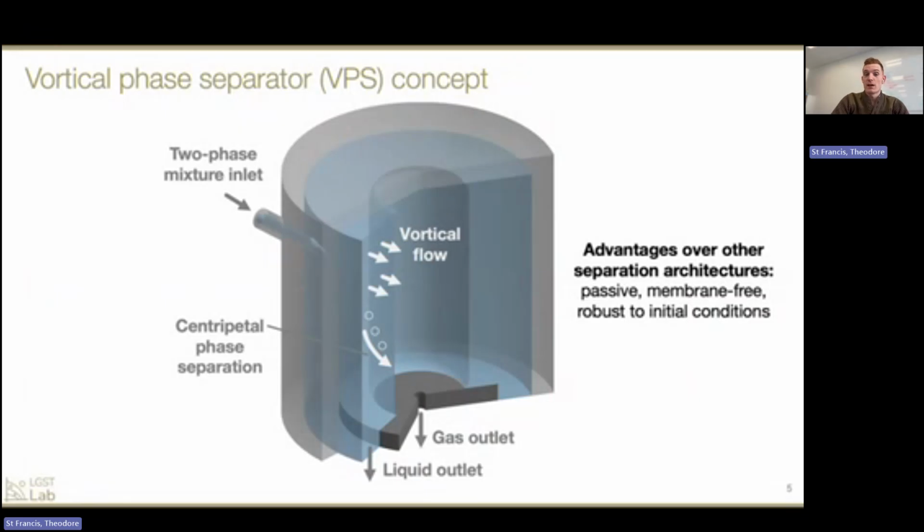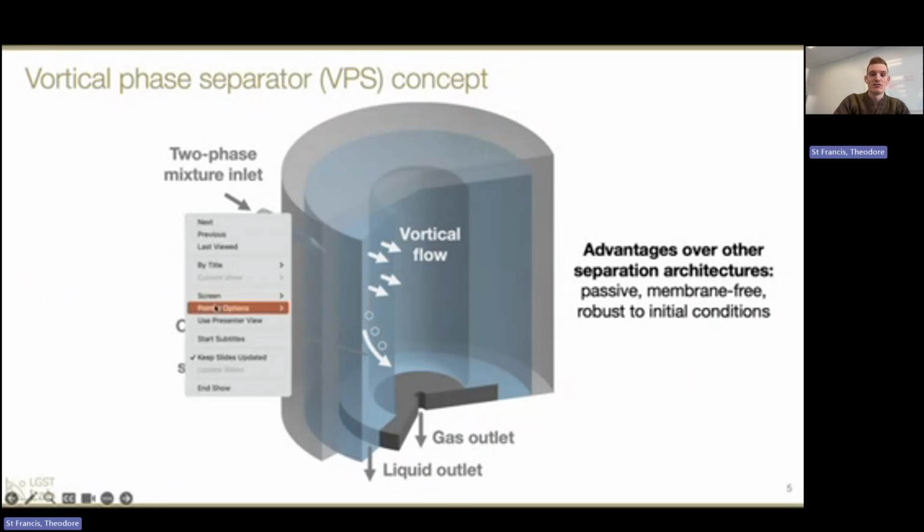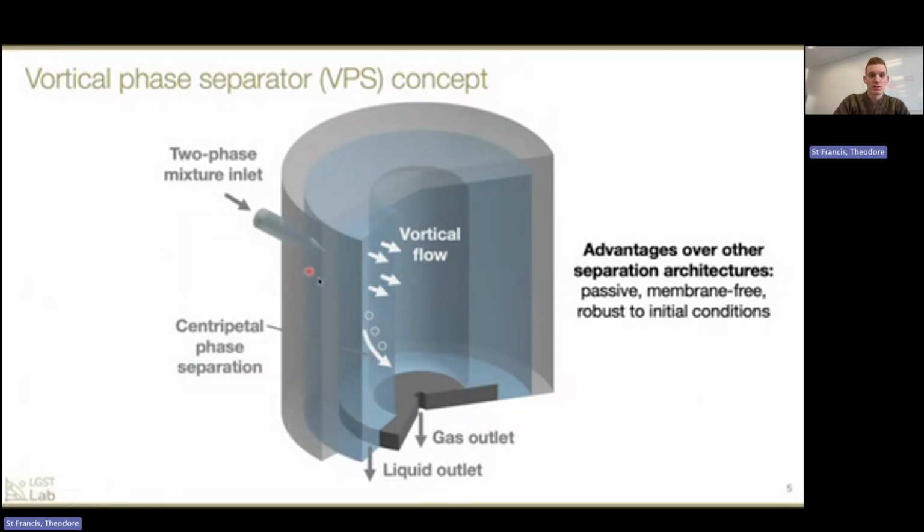It was proposed in the 60s and studied then as a relatively simple method to separate the gas from the liquid phase. Here you can see it essentially consists of the injection of the two-phase mixture tangentially into a tank, which uses the fluid momentum to generate a vortex.